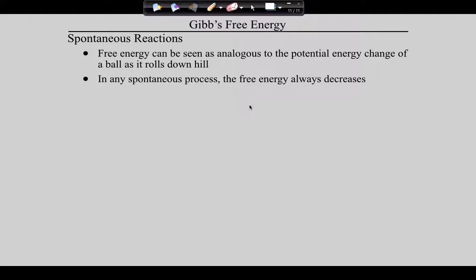If it isn't changing, it's equilibrium. If it is going up, it's not spontaneous this way, it's spontaneous that way. We're going to talk about where these numbers come from, and then what they mean given that tension between enthalpy and entropy. If you look at the bottom of page 809, that's what that table is all about.